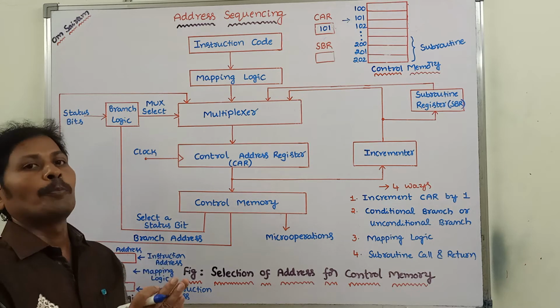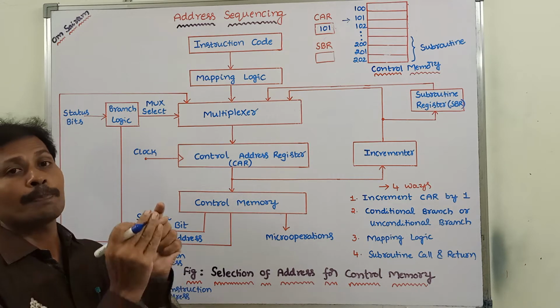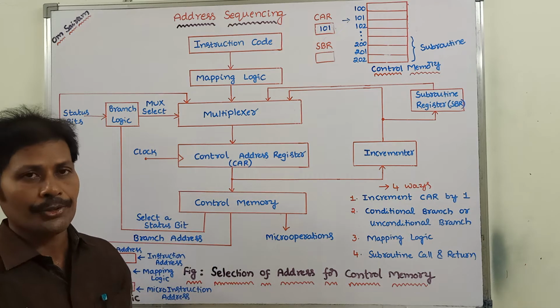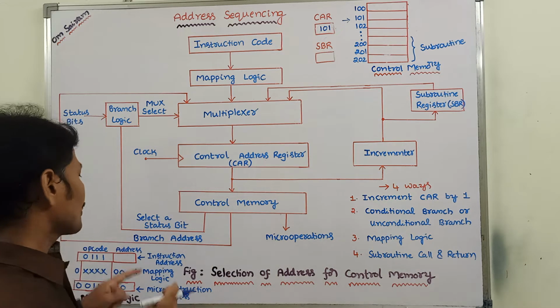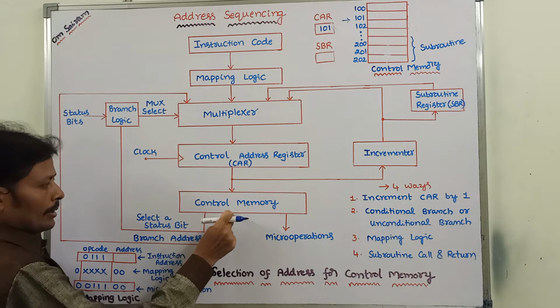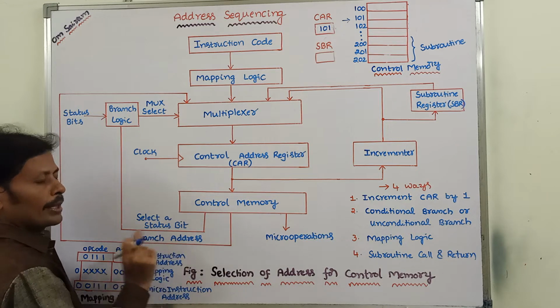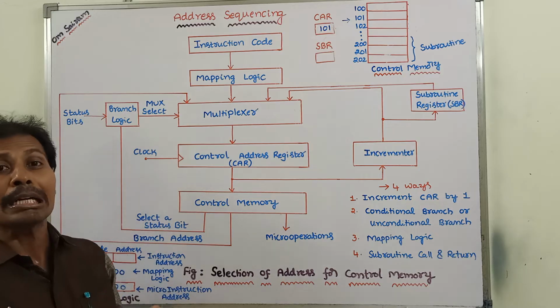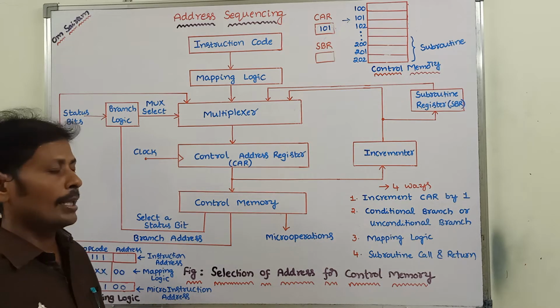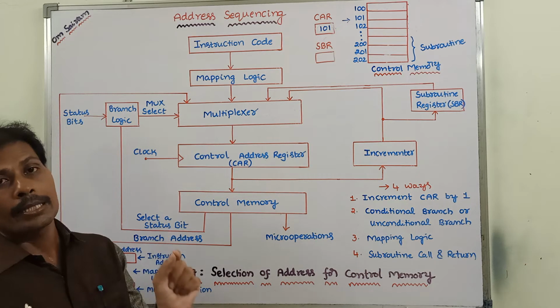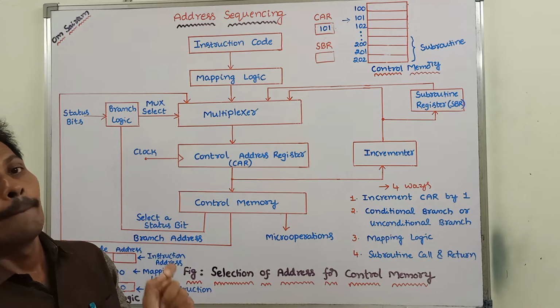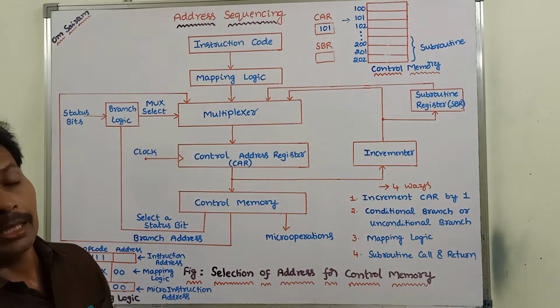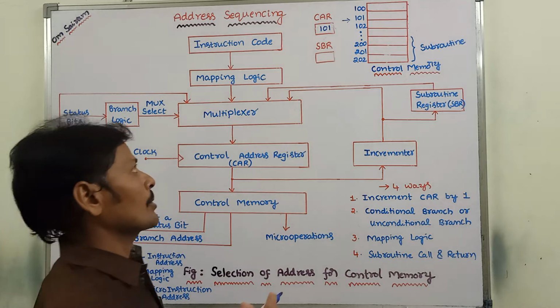That branch address is specified within the instruction. So here this is the branch address. This branch address is nothing but the unconditional branch address. That address is specified in the address part of the micro instruction.